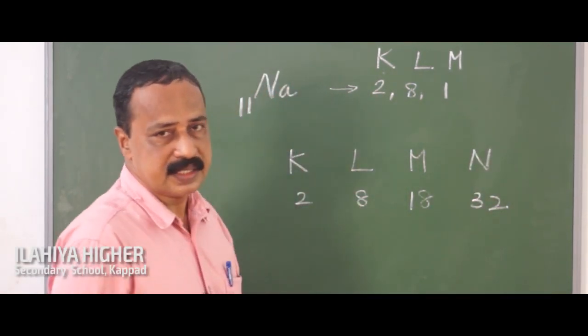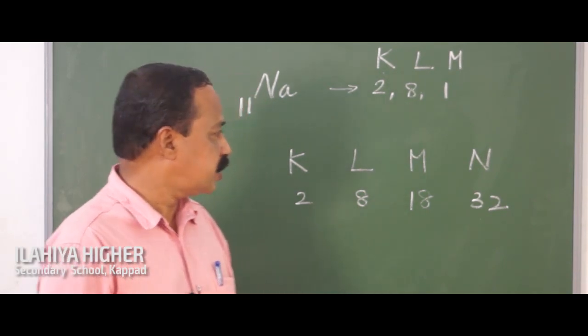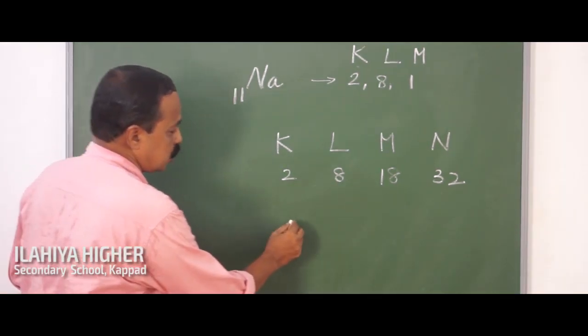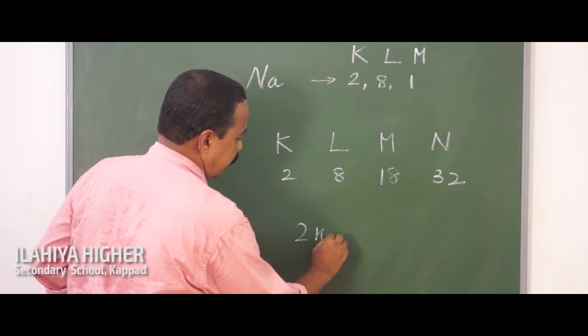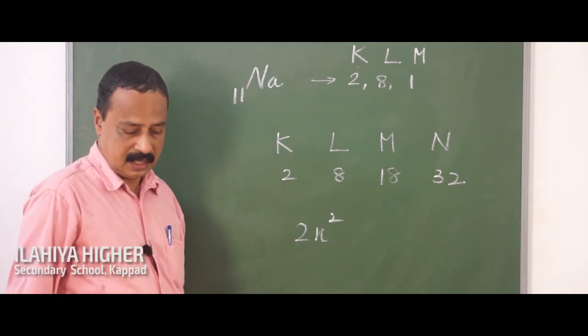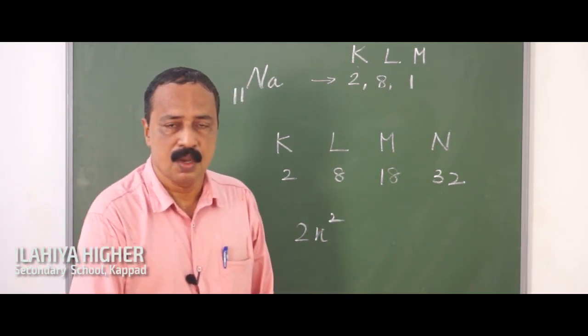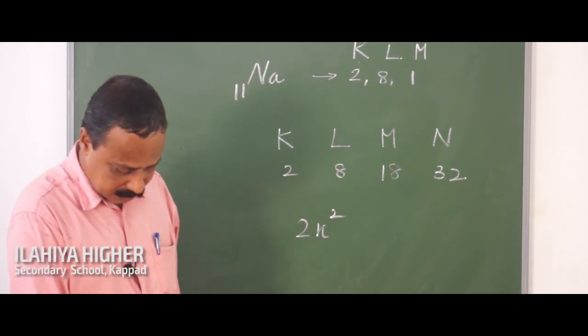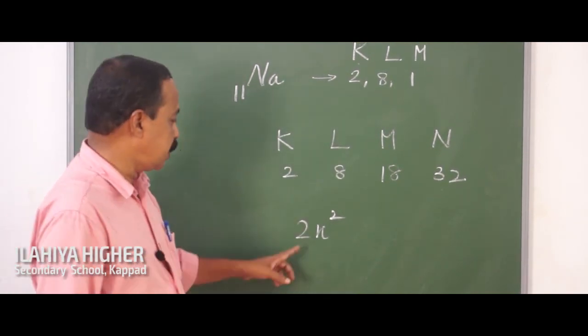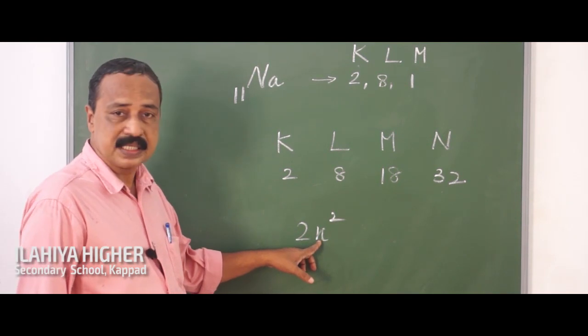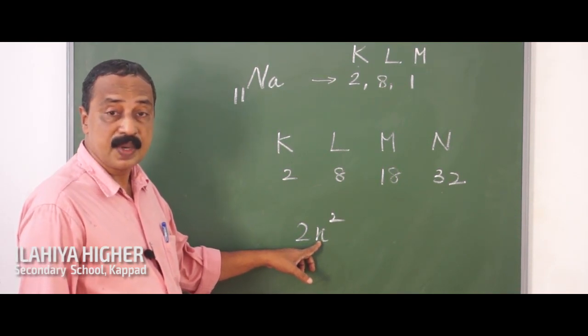How can you find this? Using the equation 2n square, where n represents the number of the shell.